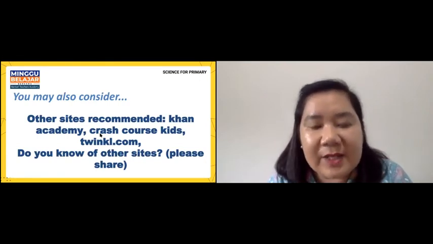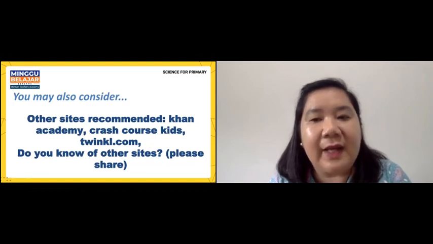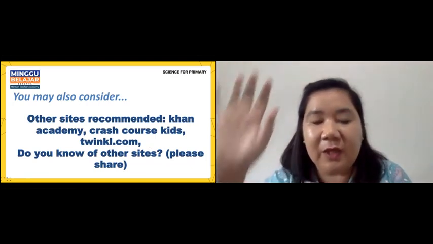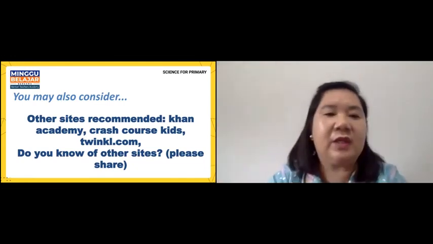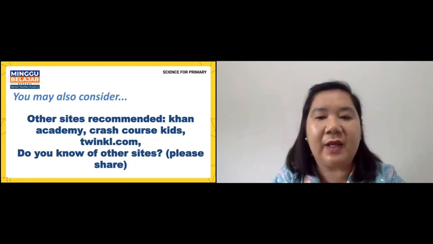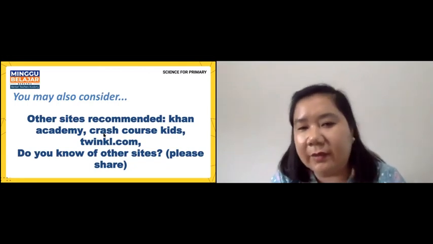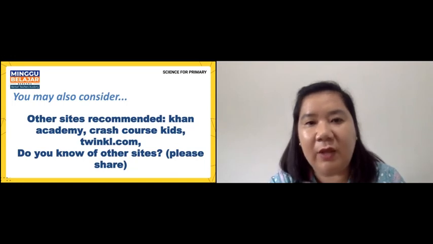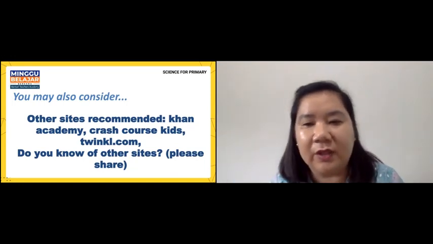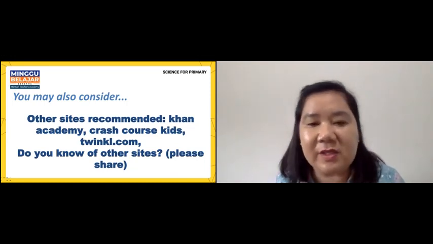Now, another site that I can share with you, friends, is Khan Academy. Are you all familiar with Khan Academy? You can just type it, open in your tab, just type Khan Academy, or you can just type Crash Course for Kids. It will give you lots of videos on different topics in science.